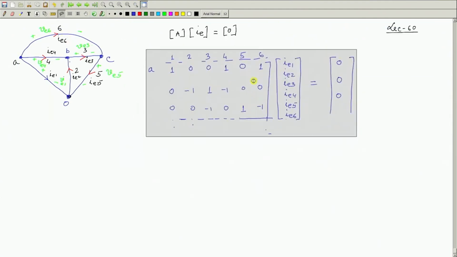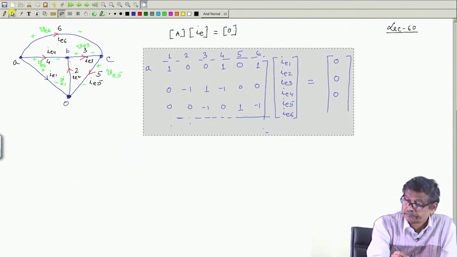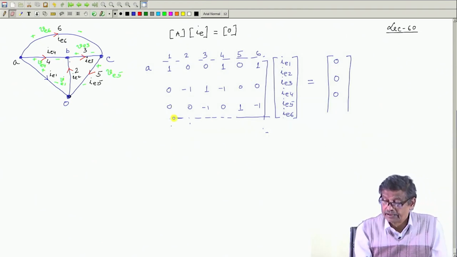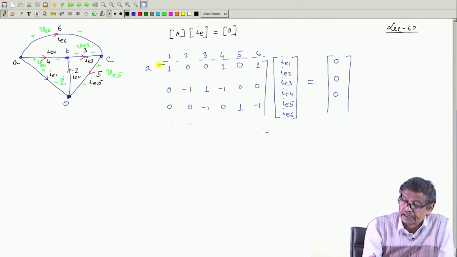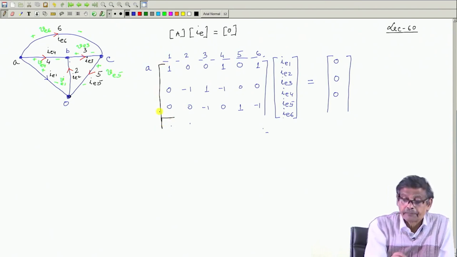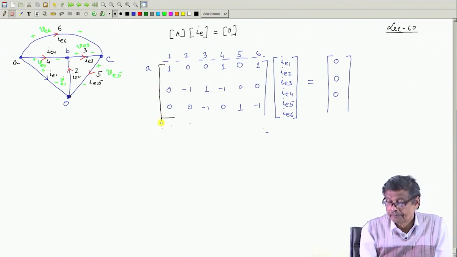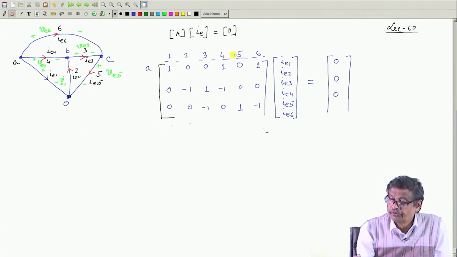Let me cleanly write the reduced order A matrix as this. This will be your A. These are the entries, 1, 2, 3, 4, 5, 6.